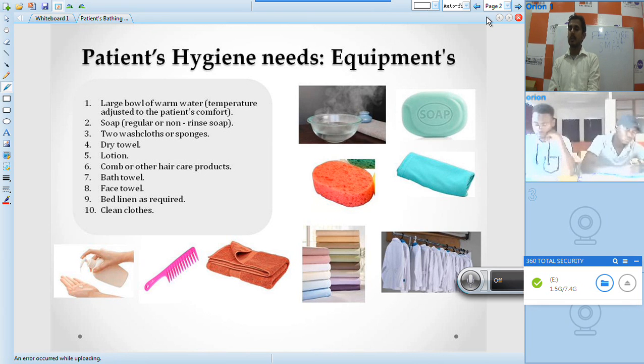The towel which is used to wipe the face of the patient is not for the purpose of bathing. That is only for the purpose of wiping the face of the patient.